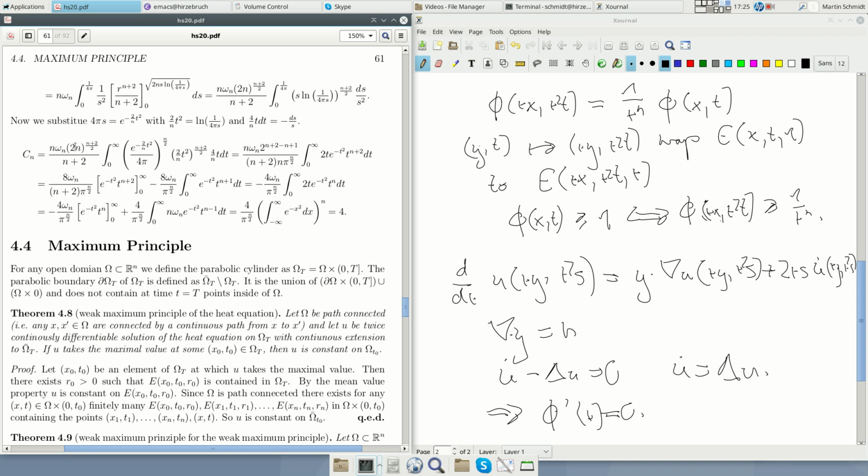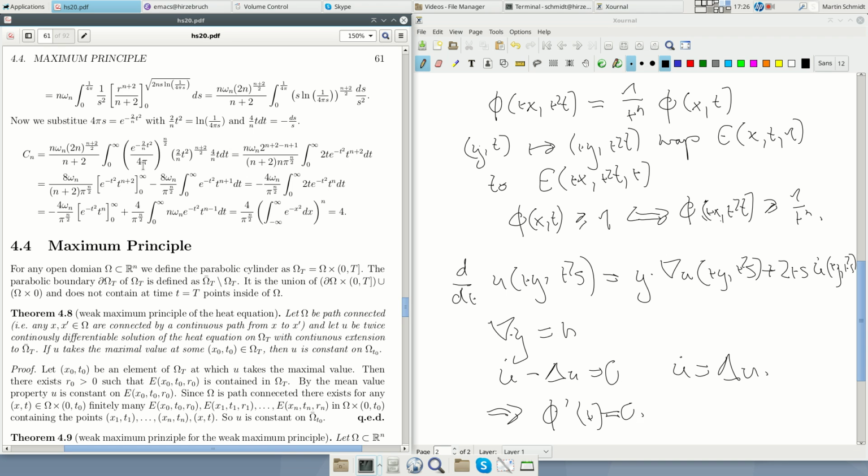There we have here 2 times n plus 2 over 2. But here we have another one, n plus 2 over 2. So this means altogether with this we have n plus 2. But here we also have a 4, but now in the bottom over n half, this is also 2 over n half.